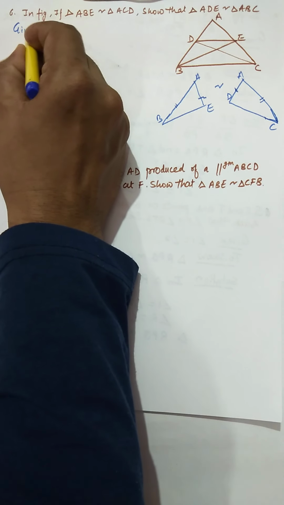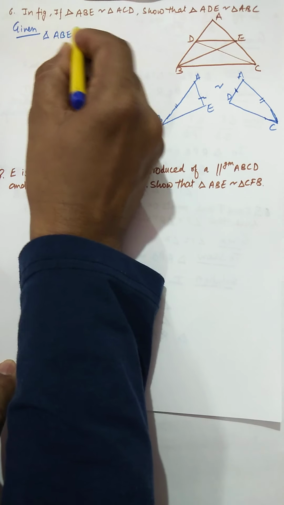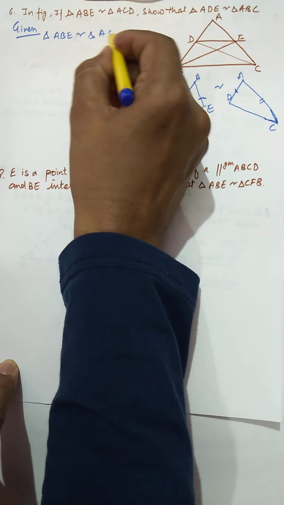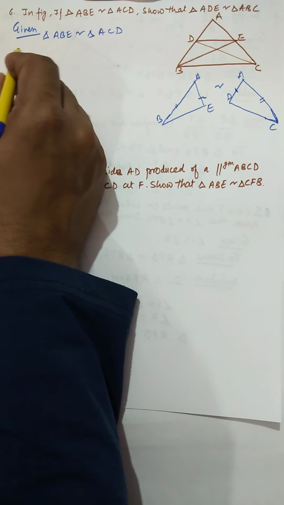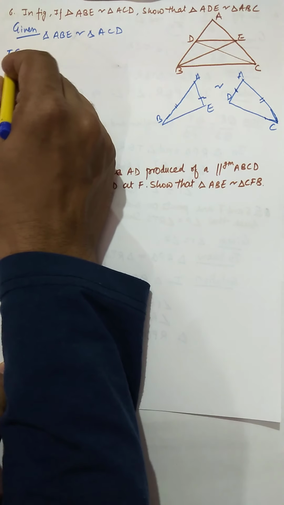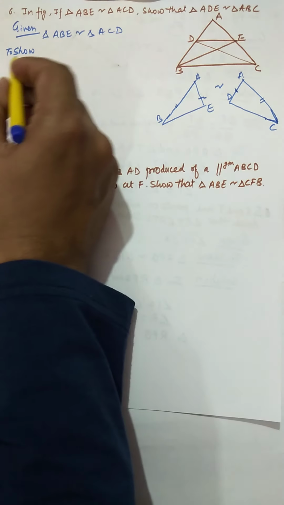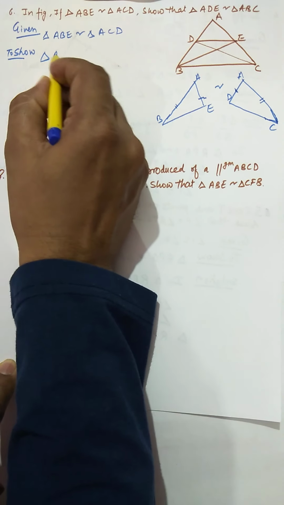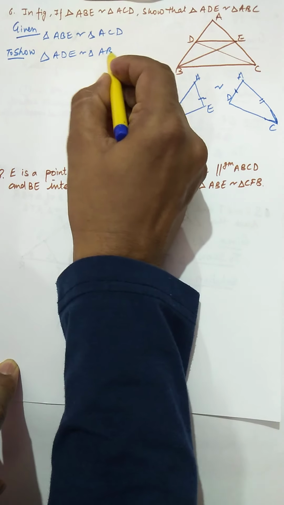So we'll write this given triangle ABE similar triangle ACD. From here only we can mention, or you can write after that also, to show. To show, you have to show that triangle ADE similar triangle ABC.